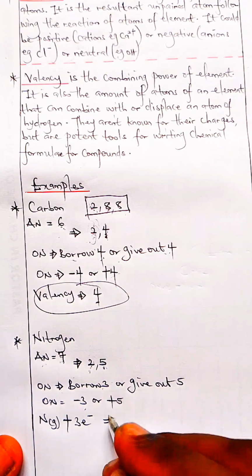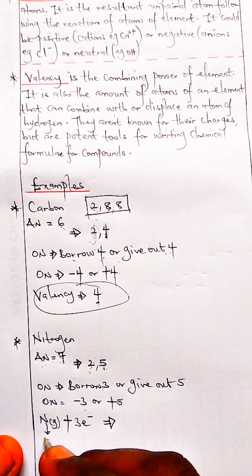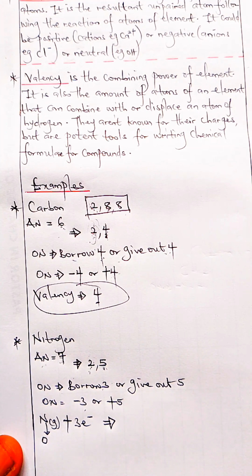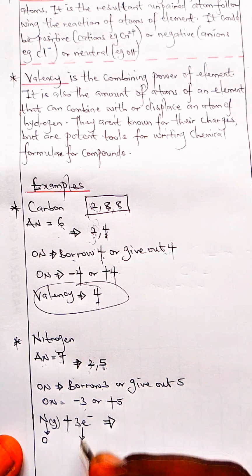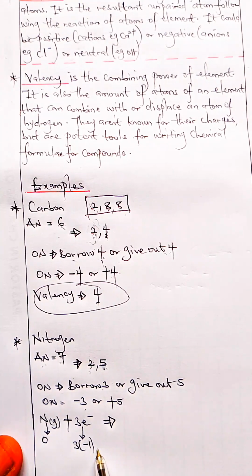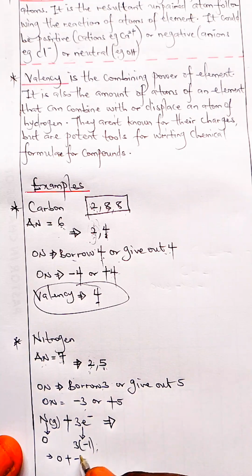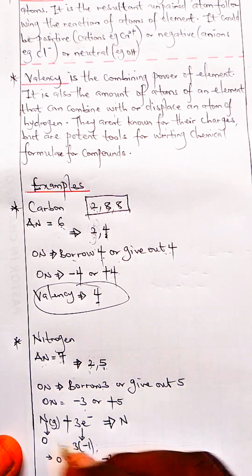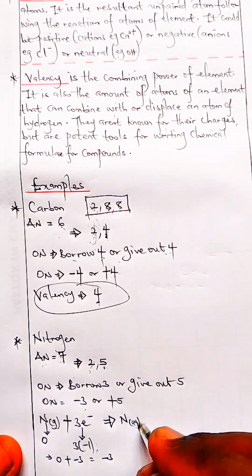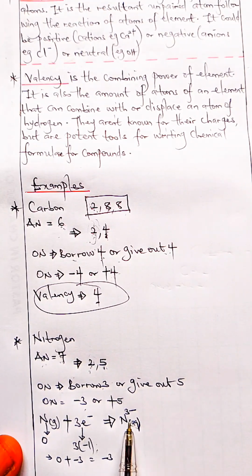Nitrogen naturally has 0 oxidation number. When it brings in 3 electrons, each is -1, so that's 3 times -1. That gives us 0 plus -3, which is -3. So the nitrogen becomes an anion, negatively charged.